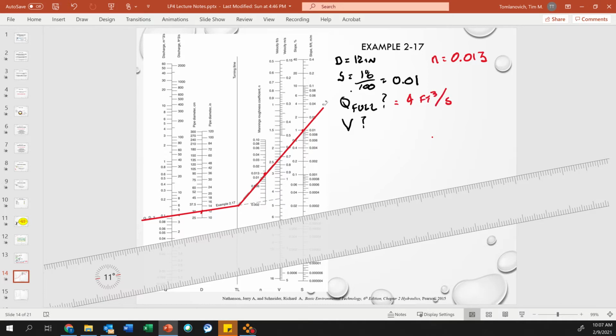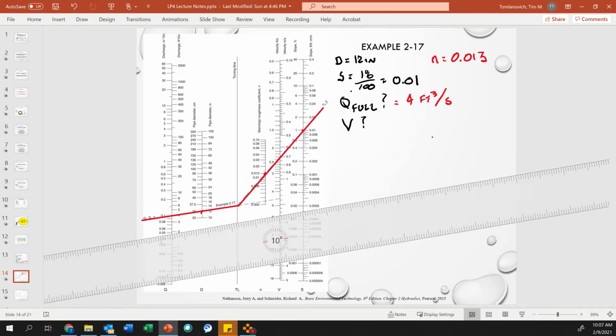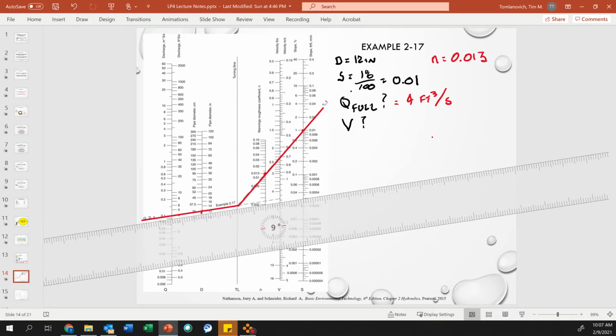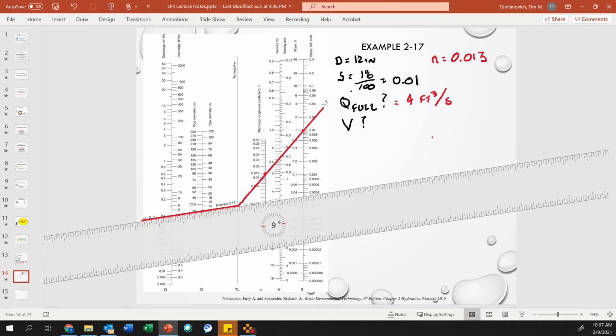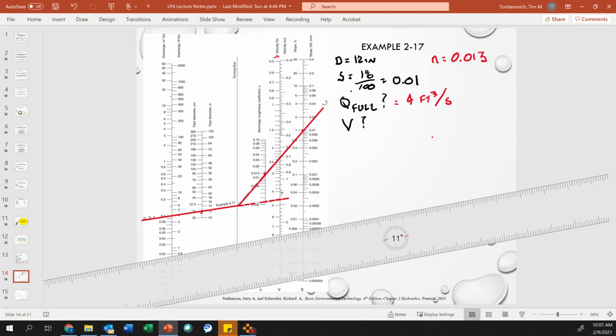That's how much flow when the pipe is full. This nomograph works when the pipe is full. Now it's asking for velocity. So you go back to the turning line here, project it back, and run into the velocity line.